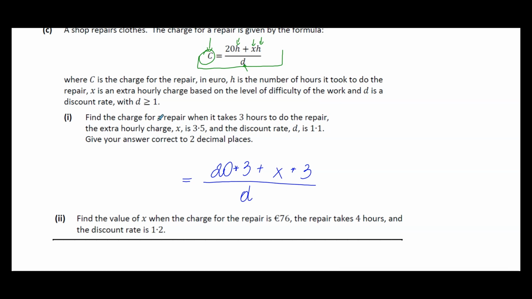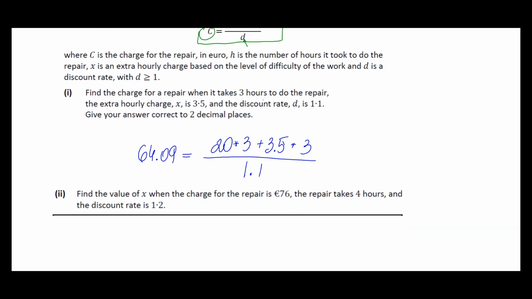An extra hourly charge, so X is 3.5. We remove X and put 3.5. And the discount rate, D, is 1.1. So we remove D and put 1.1. Now we put that all in the calculator, and to 2 decimal places, we get 64.09.